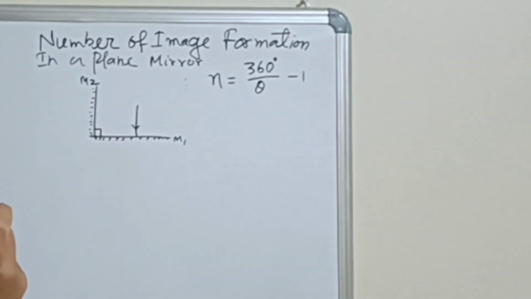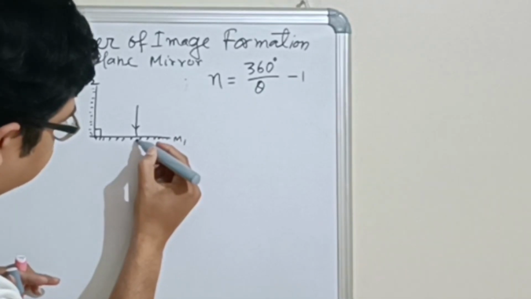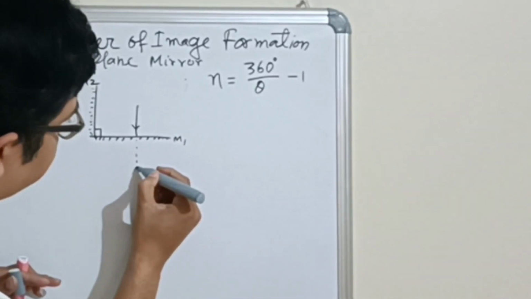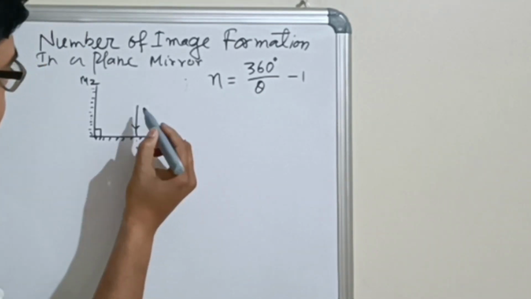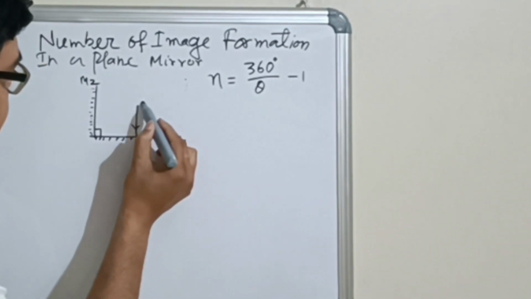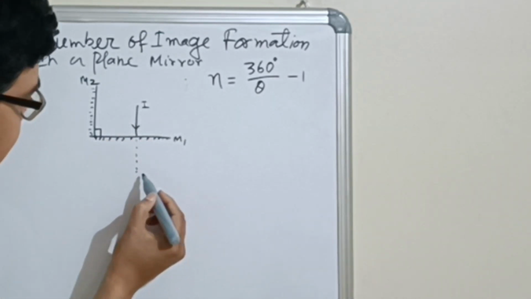This is the incident ray, and we know the image distance is equal to the object distance. Now at the same distance, the object is I, let's say, so the image is I dashed.